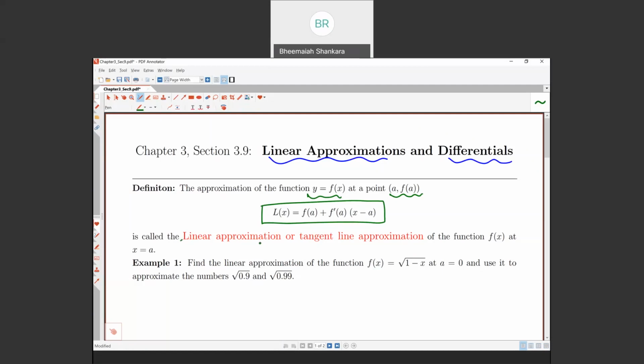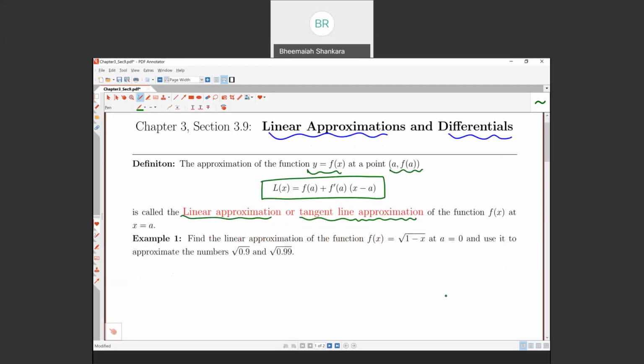So this is the linear approximation, or you can also think of it as the tangent line approximation of the function f of x at x equals a. You can also write this as f of x itself, but with an approximation symbol.